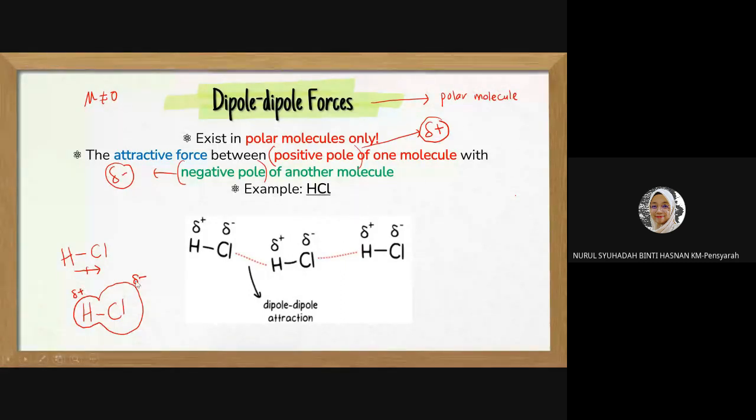So for this one, yang ini dia tetap. Okay, dia tak macam Cl dengan Cl tadi. Okay, Cl dengan Cl tadi, the dipole akan sentiasa hilang muncul. Okay, tapi untuk HCl dekat sini, okay, the partially positive and partially negative is fixed. Hydrogen sentiasa partially positive, chlorine akan sentiasa partially negative.